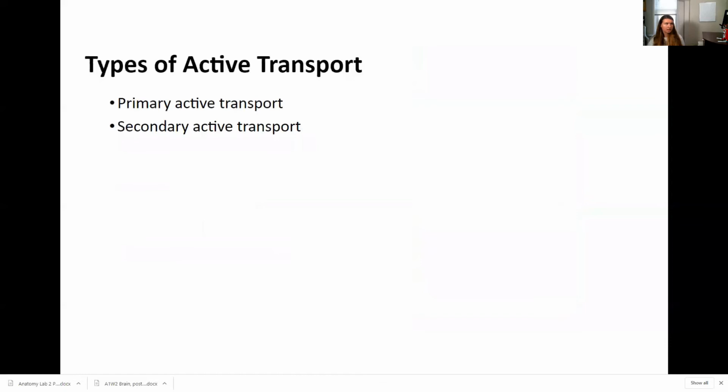Before we get into that, I want to key us into the difference between primary active transport and secondary active transport, because we're actually going to see two different ways that we can move a particle against its gradient, so in the opposite direction of the driving force.